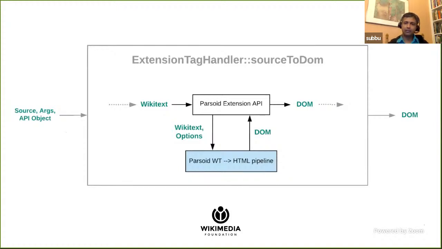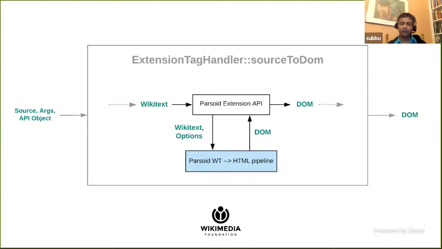And here is a very high-level overview of how a source to DOM method might look. I'm only mentioning this here in case your extension handles wikitext. So at some point, you'll probably end up with wikitext in your extension. And if you need to convert this wikitext to DOM, then you'll go with the extension API object.